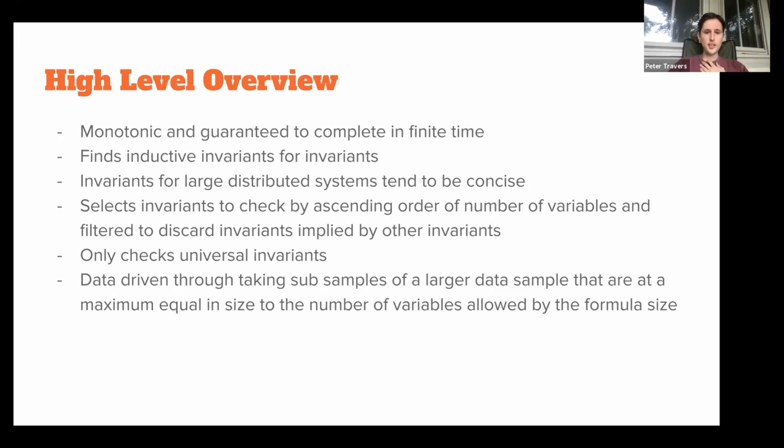So we select invariants to check by ascending order of the number of variables, and we filter to discard invariants that imply other invariants. You can think of a lot of what DistAI does as a very clever way to search the space of invariants.